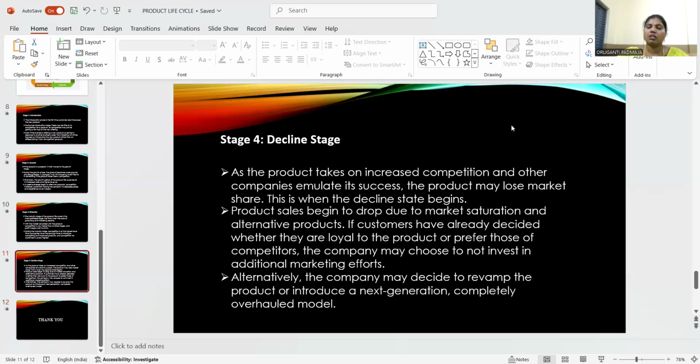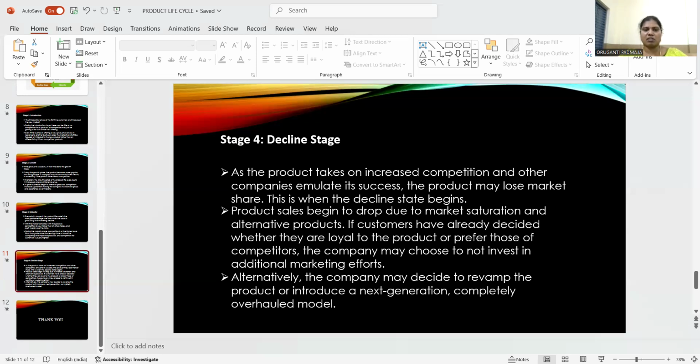Stage four. This is the last stage of the product life cycle. Decline stage. As the product takes on increased competition and other companies emulate its success, the product may lose market share.